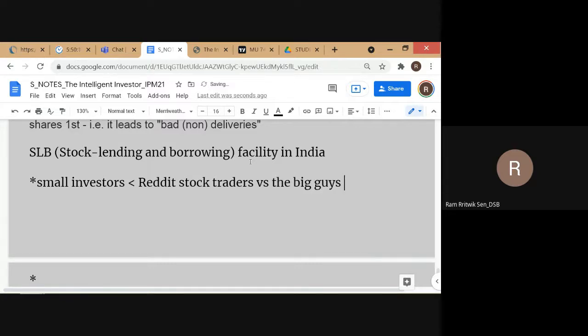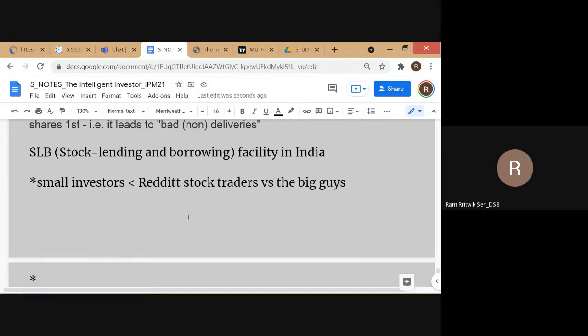You know what Reddit is, right? I think there are two T's in Reddit, if I'm not mistaken. It's a social media website, a discussion forum kind of thing. A lot of these stock traders get together on Reddit and say, okay, let's go and attack AMC, or let's go and short sell Tesla.